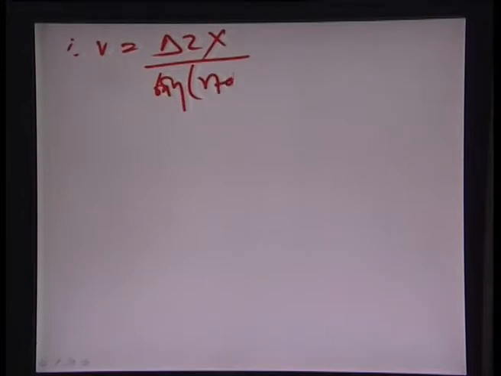The velocity V in this case, the electrophoretic mobility, would really be represented as delta Z times e times x divided by 6 pi eta times (r plus d).